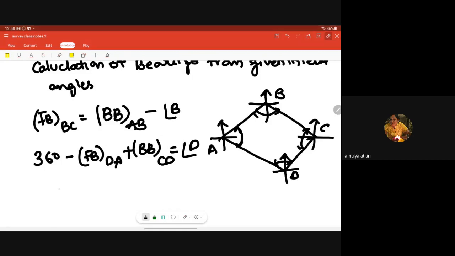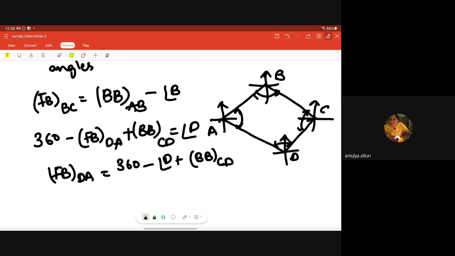Next, forebearing of DA is equal to 360 degrees minus angle D plus back bearing of CD, right? You can check it. So this is how we calculate the bearings from the given interior angles.